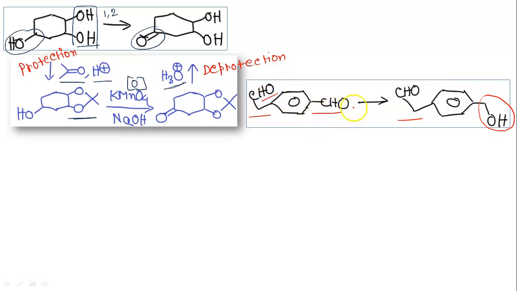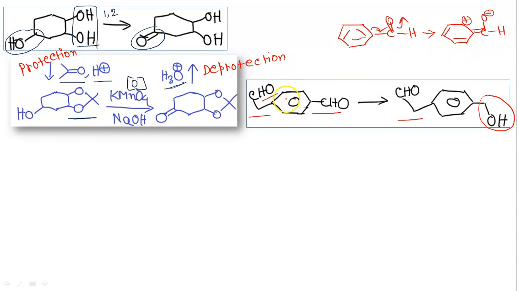Why? Because the CHO which is directly attached to the benzene ring, here the carbonyl carbon is in conjugation with the benzene ring. As a result, the double bond character of carbonyl is reduced, giving positive charge on C and O negative. So the double bond character is reduced, and the electropositive character of carbon is reduced.